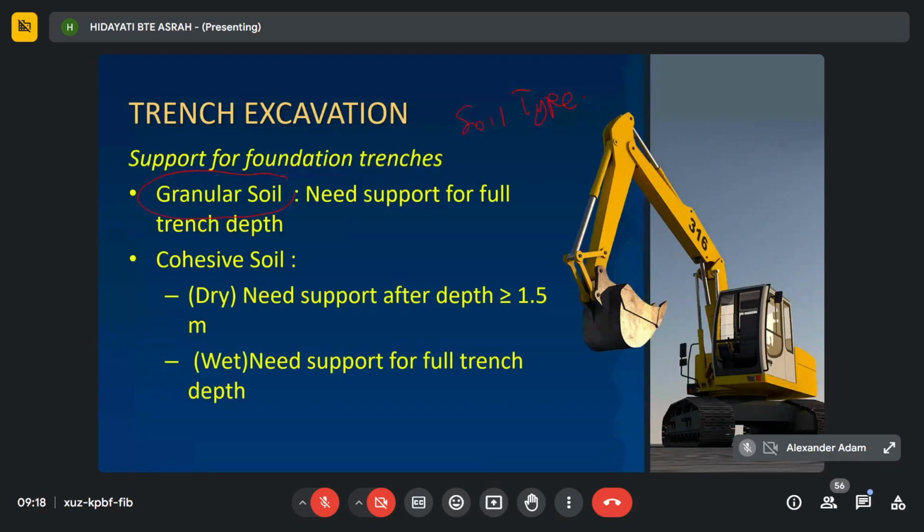For granular soil, usually we need support for the full trench depth. You need to support the full depth of your trench or excavation if you encounter granular soil. Why full support? Because granular soil easily slides. It is less cohesive, so it easily slides. So you need to provide full support to prevent the side of the soil from collapsing.